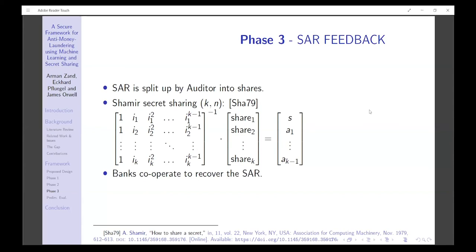And obviously, if you want to create the shares in the first place, then all you have to do is place the Vandermonde matrix on the right-hand side of the coefficients, but not inverted. So that's a very easy way to show how secret sharing is happening. And we use this to get the banks to cooperate in order to recover this suspicious activity report. So we're experimenting on this scenario as a collaborative element.